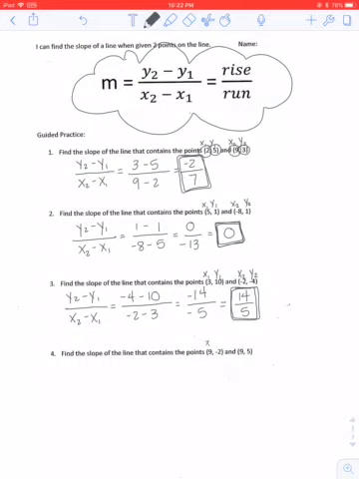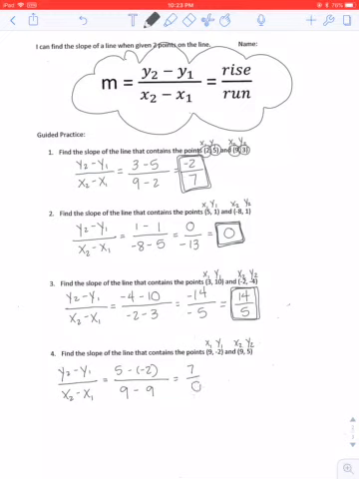For 4, I have x1, y1, x2, y2. We're using y2 minus y1 over x2 minus x1, which for this specific problem is going to be 5 minus negative 2 over 9 minus 9, giving us positive 7 over 0.